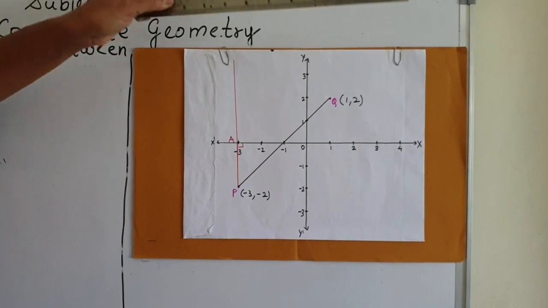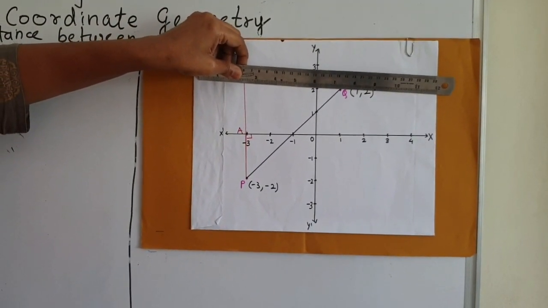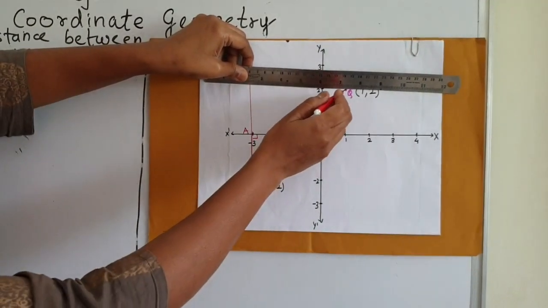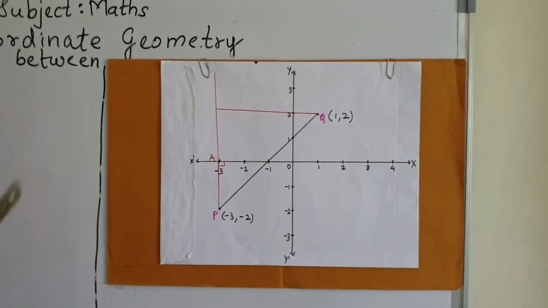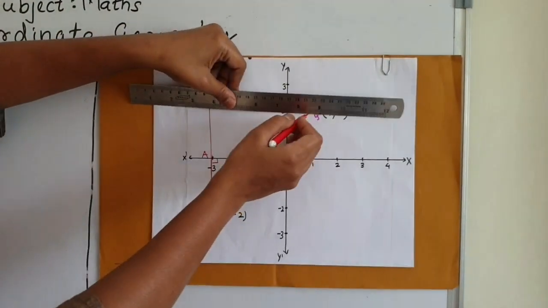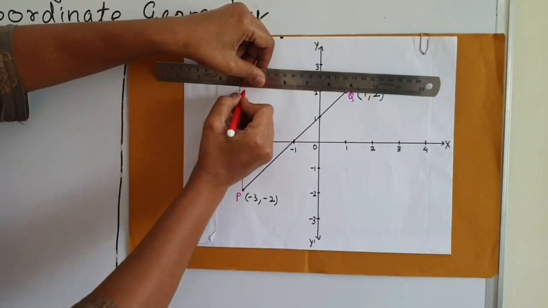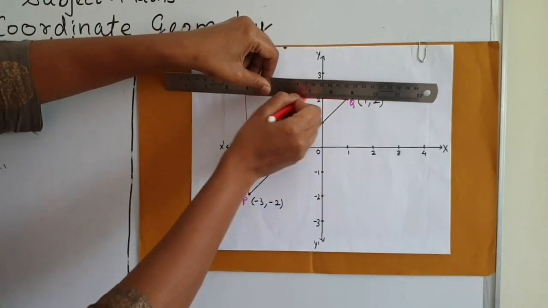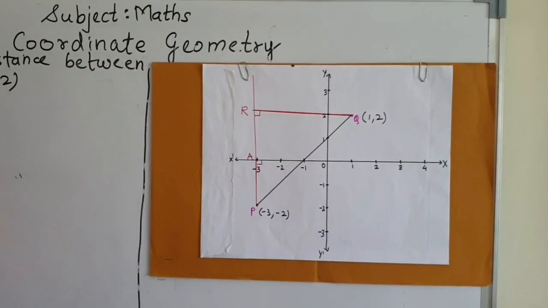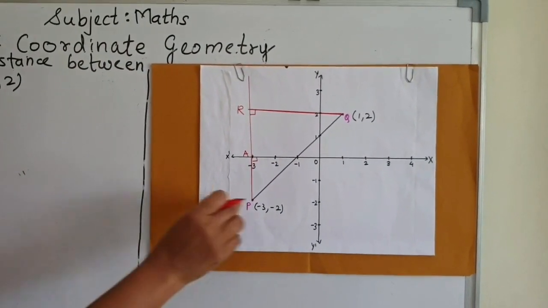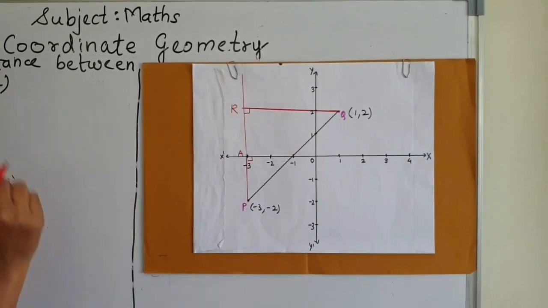Next we are drawing a perpendicular from point Q on this extended perpendicular PA, which is meeting at R. So this is how we get a right angle triangle PQR.